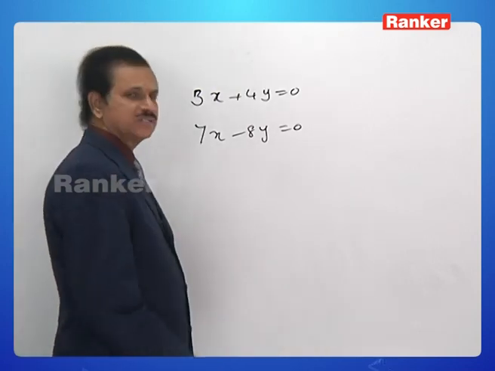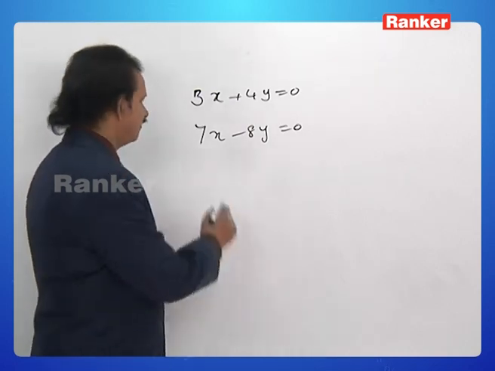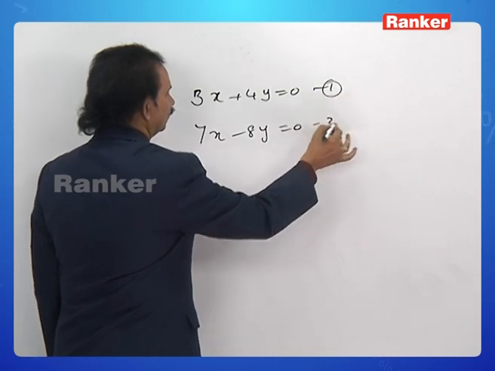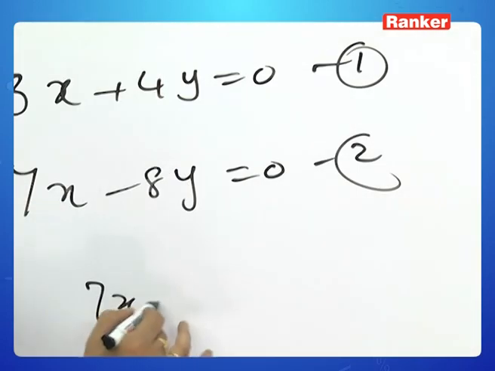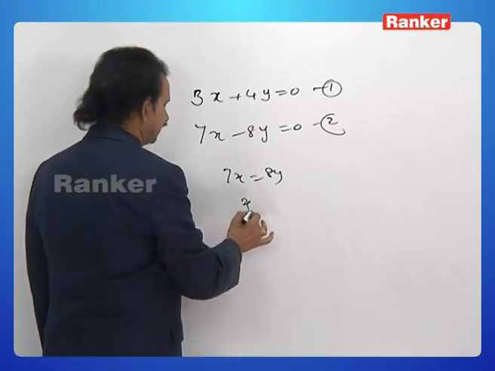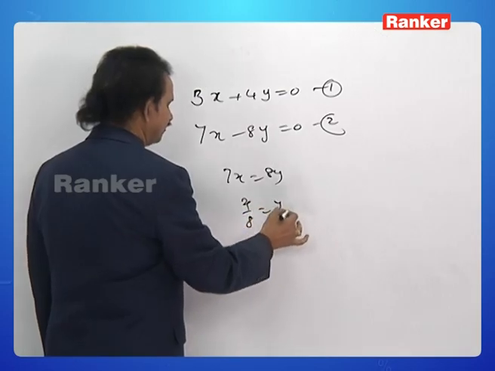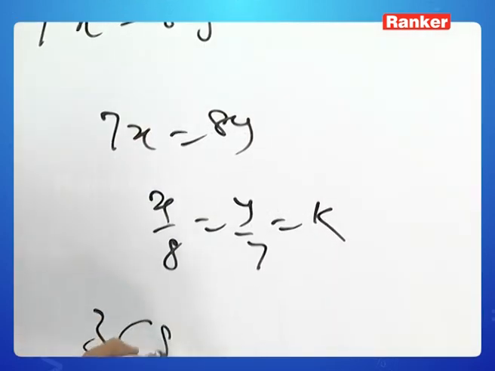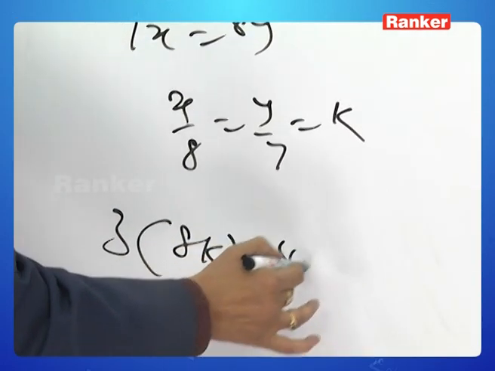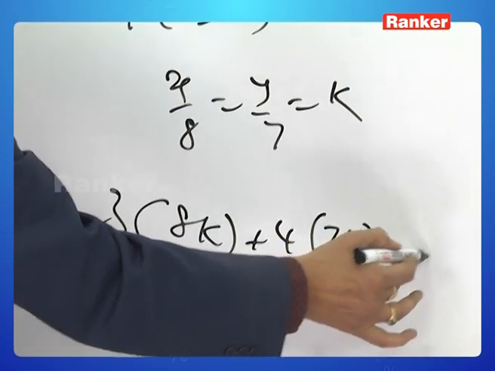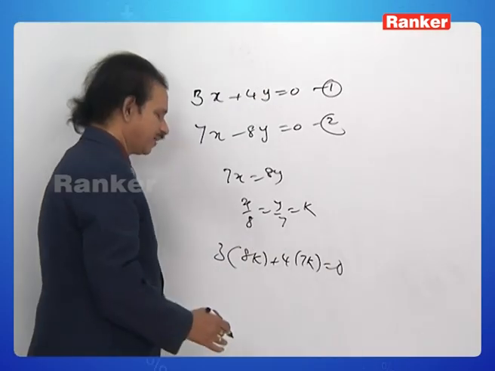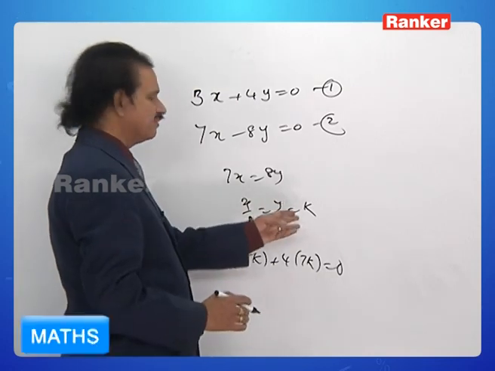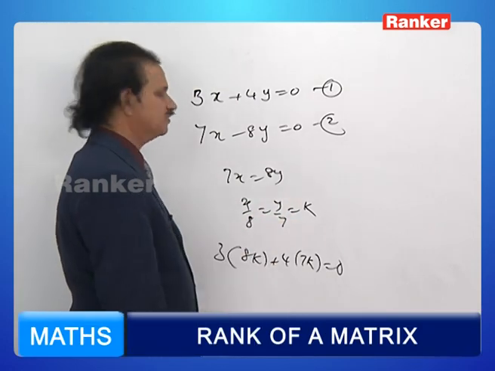Of course, there is a procedure to know. Let me call this 1, this 2. 7x is equal to 8y, or x by 8 is equal to y by 7 is equal to k. Substitute there: 3 into 8k plus 4 into 7k is equal to 0. Again, 24k plus 28k is also 0. And if you place k as anything, you have so many solutions.